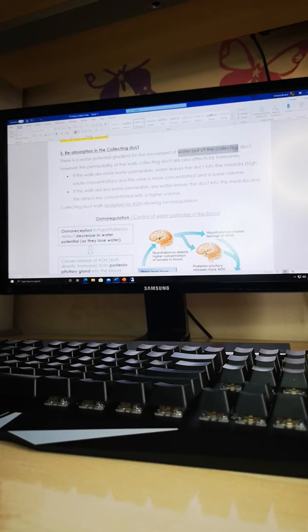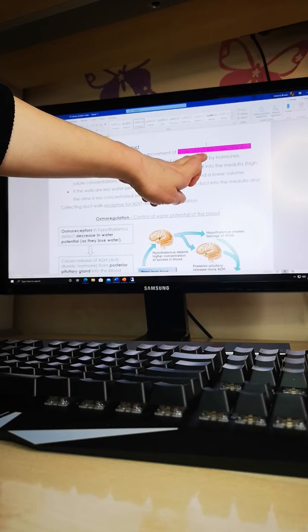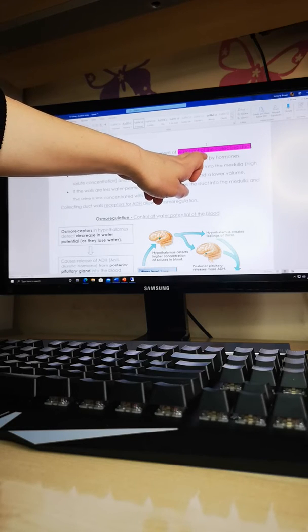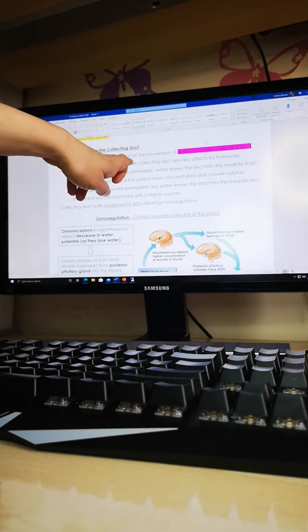So here you might want to make a little note to yourself that that is due to the sodium and chloride ions that are moving out of the loop of Henle into the medulla tissue. Okay, so that's what creates that water potential gradient.